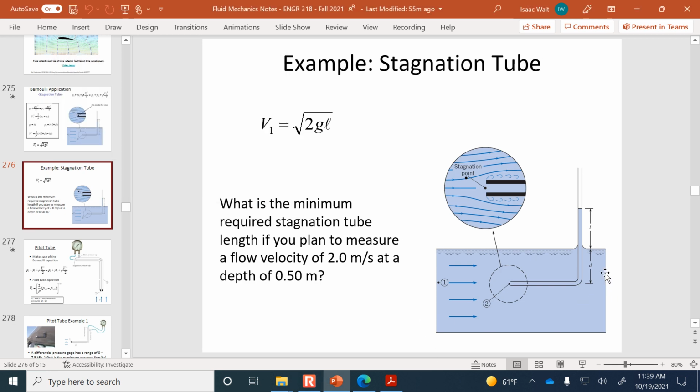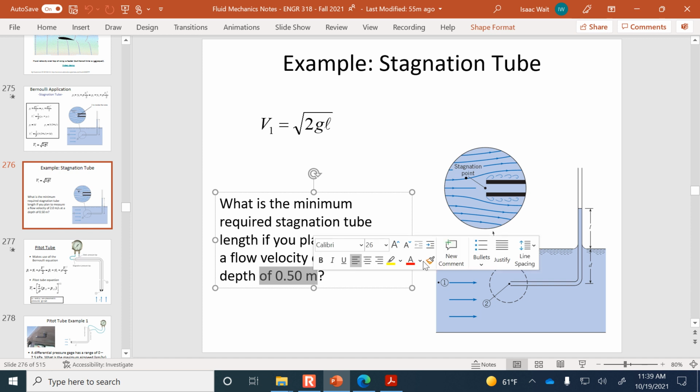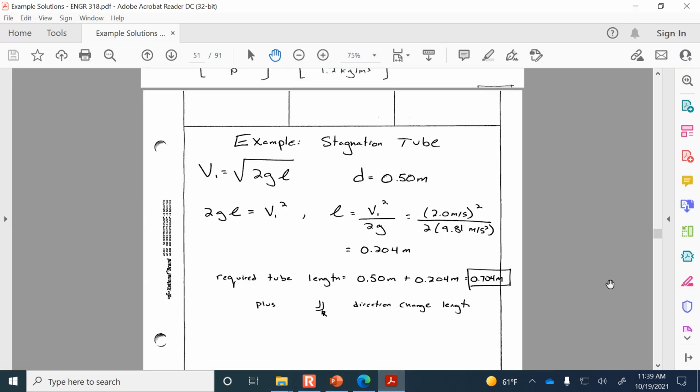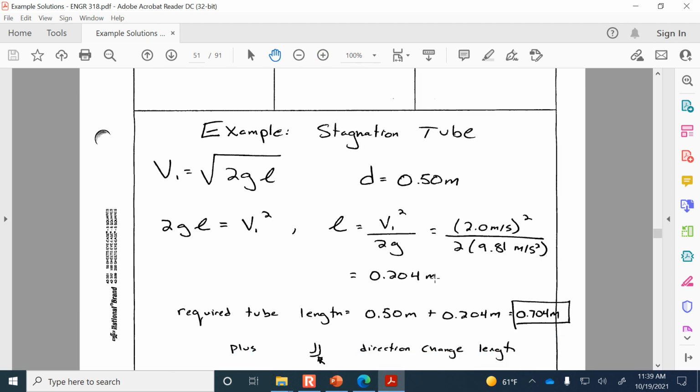Okay, so we know that at the very least it needs to be 0.5 meters long because we have to have it covering the depth, but then there's going to also be this rise L that needs to be planned for. And so if we rearrange this equation to solve for the length that the liquid level will rise above the base fluid depth, if it's going 2 meters per second, which is about 6 feet per second, it's moving quick, then the liquid level will be 0.204 meters above the surrounding fluid inside of that stagnation tube.